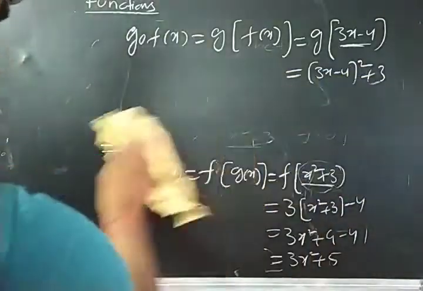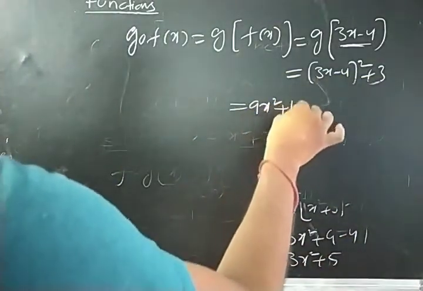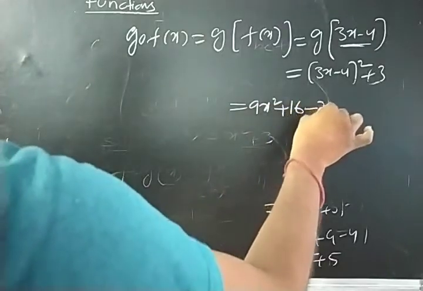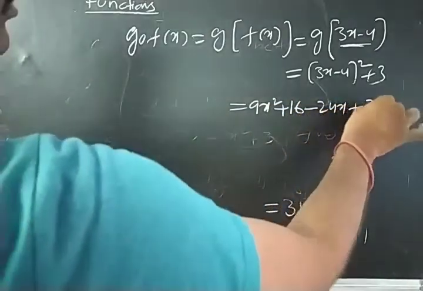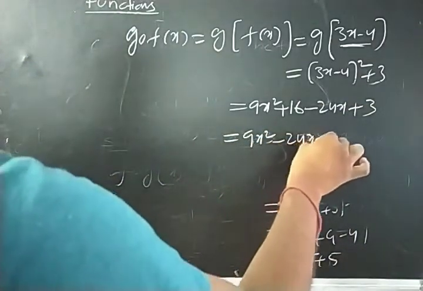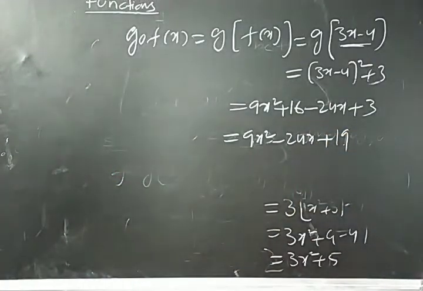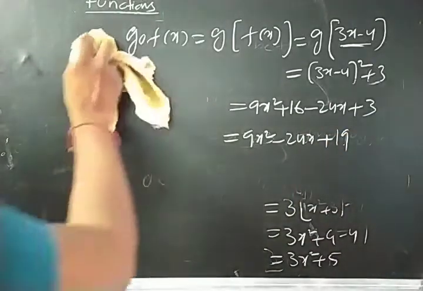By expanding this, what will you get? 9x square minus 24x plus 16 plus 3, 19. This is the definition of g circle f.